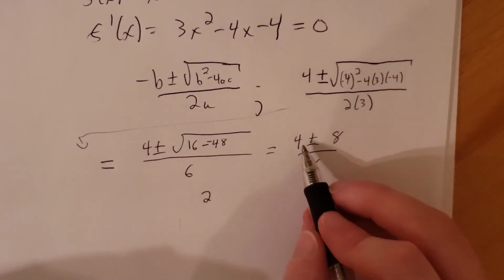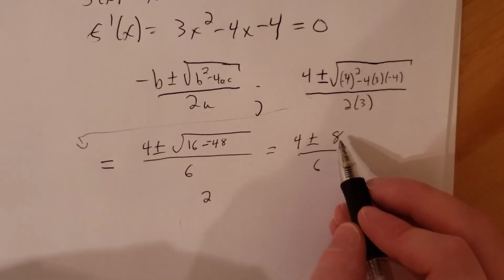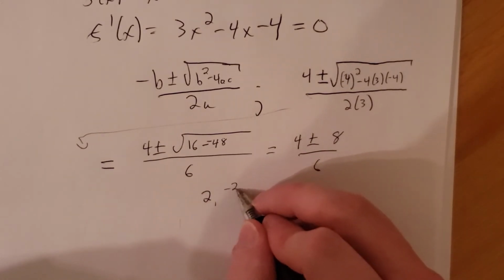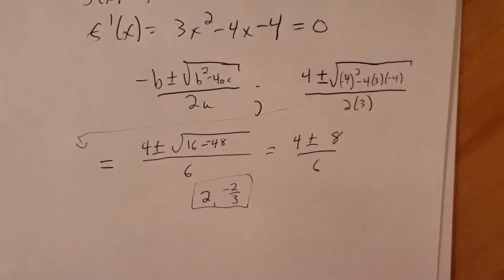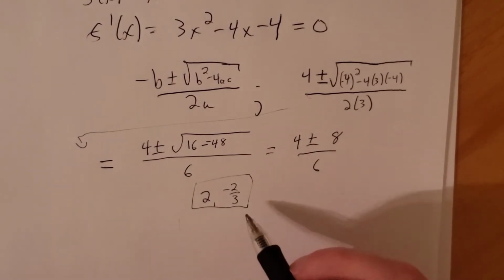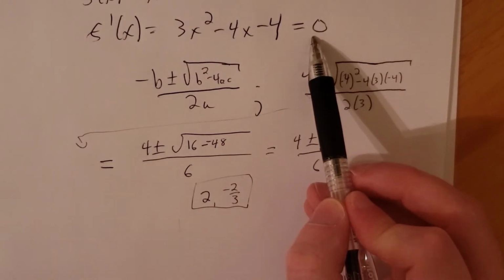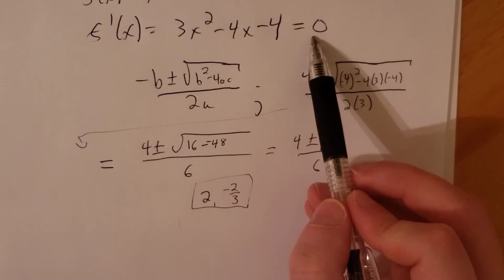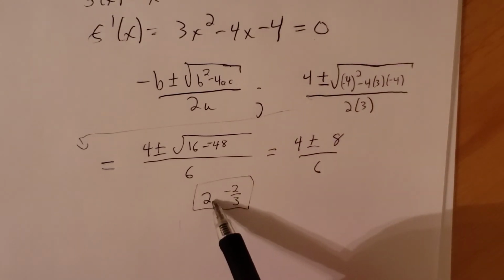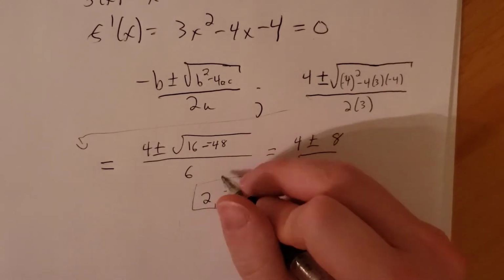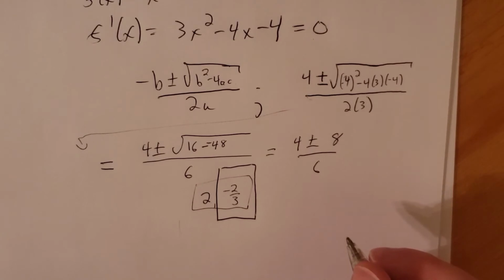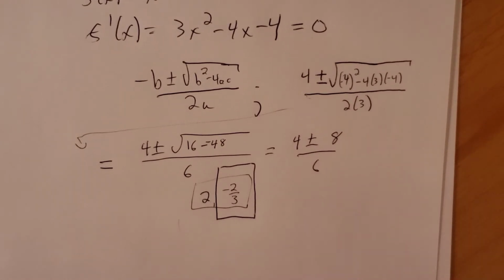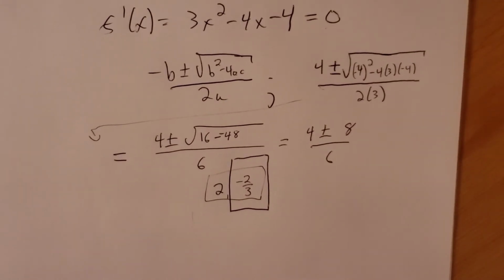And we get 4 minus 8 is negative 4 over 6 is negative 2/3. All right, so there is all of our points where the derivative is 0. But positive 2 was one of the endpoints. So really all we care about is this value right here, the negative 2/3, because that's the only one that's actually inside our interval from negative 2 to positive 2. And that concludes our first example in this video.